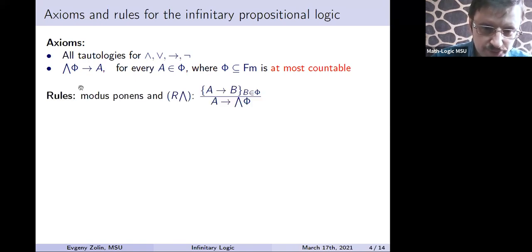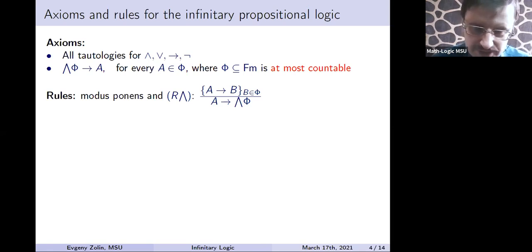Rules: modus ponens. If we have A and A implies B, then we derive B. And the following rule with infinitely many premises. If we have already derived implications A implies B for all formulas B from phi, then at the next step, we are allowed to derive this formula A implies conjunction phi.